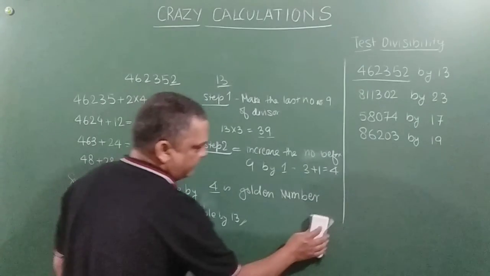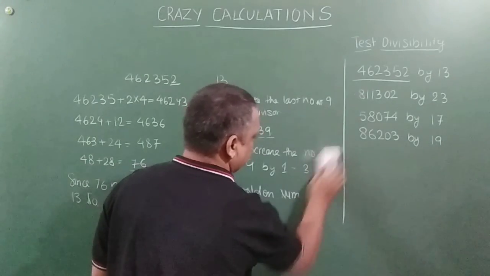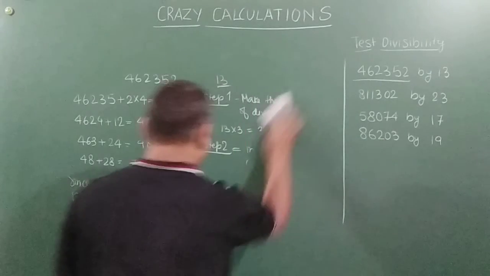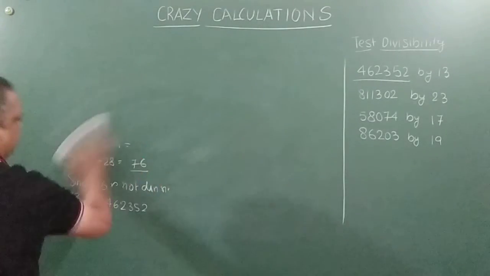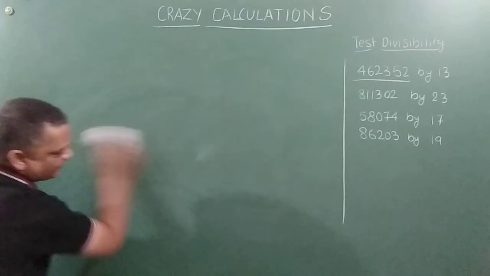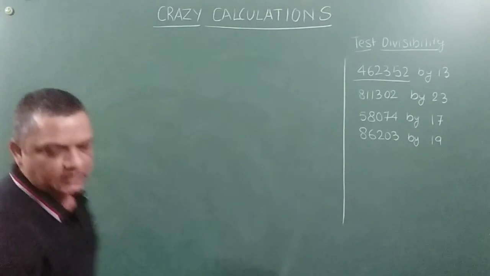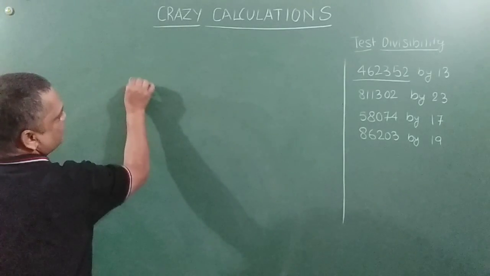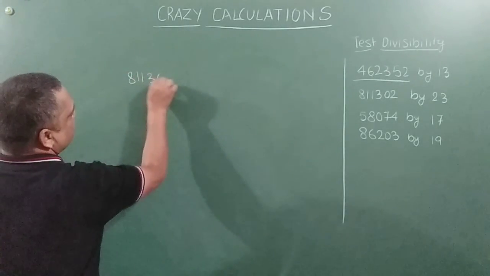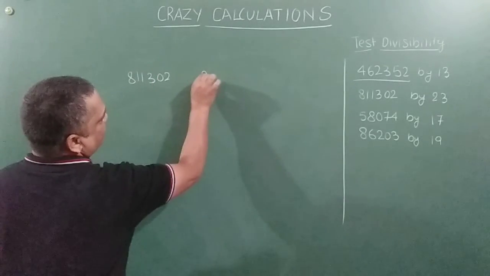So let's check the next one, whether that is divisible by 23 or not. Now I will not write each and every step, friend. I will not be writing the narration part of it now. So 811302, we have to check it by 23.